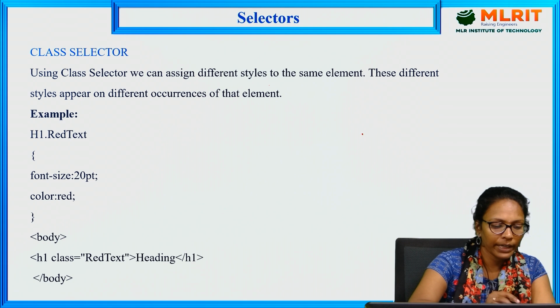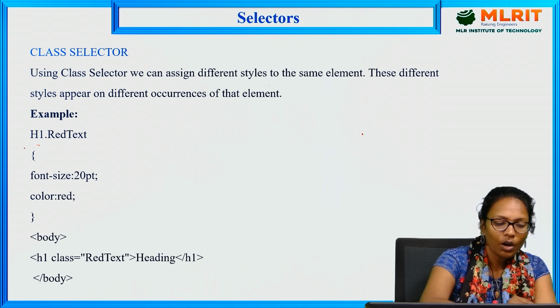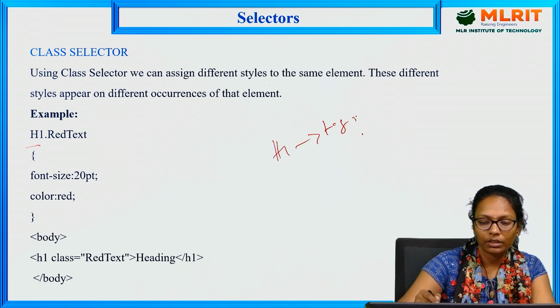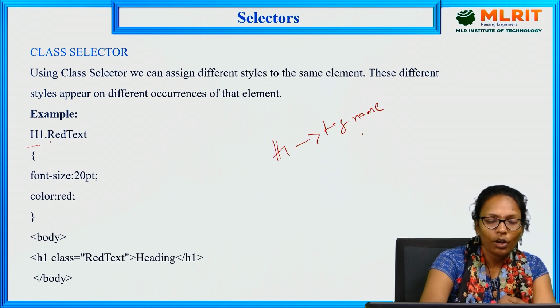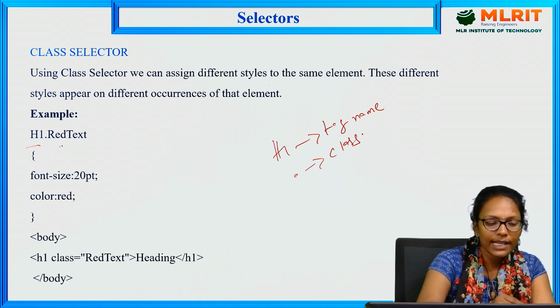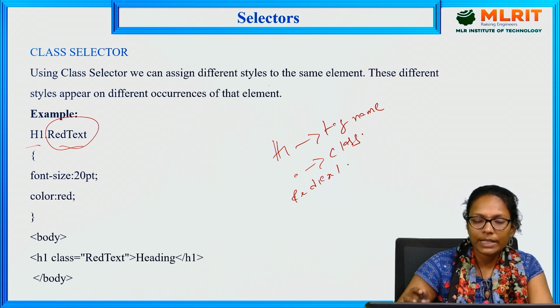Here I'm writing H1 dot red text. We already know H1 is a tag name, or element name. The dot indicates a class name, and the class name is red text.